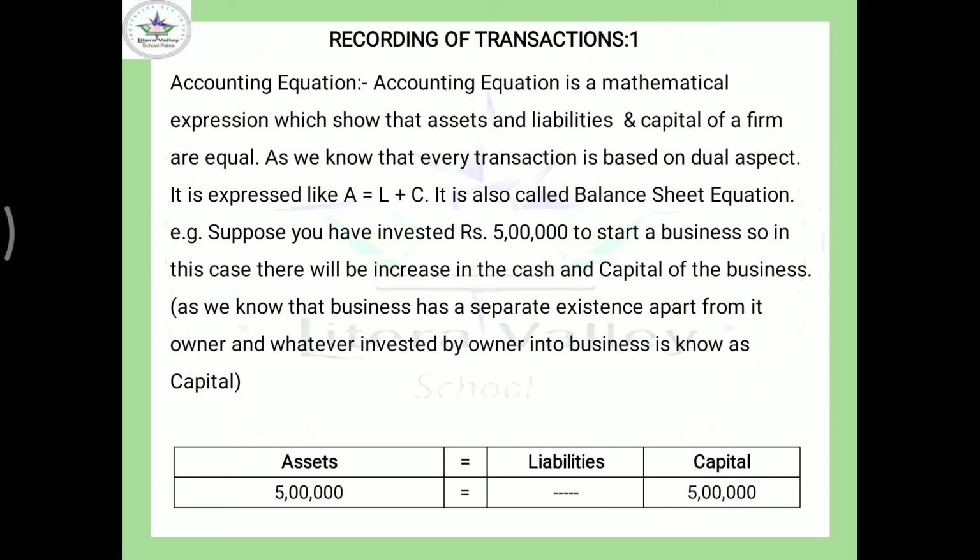So capital will increase by 5 lakh and cash will also increase by 5 lakh, because it is always based on two folds. The same equation is also called, as you can see here, the balance sheet equation.